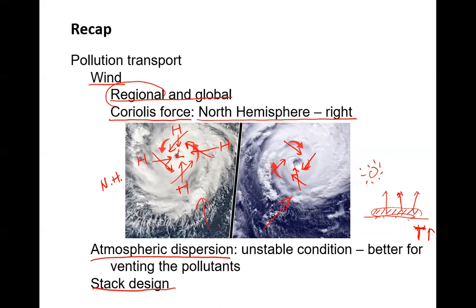If I ask you, will a higher stack help for protecting our environment or for reducing the health impact of air pollutants? It will, right? Because a higher stack, if it is high enough that it can penetrate through this stable layer, then basically these pollutants are not going to be trapped here at all. Right? They're just going to get dispersed into the larger area.